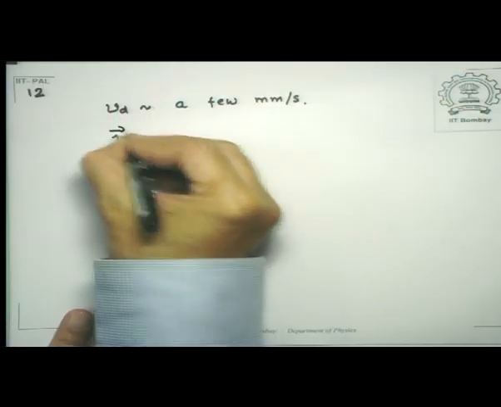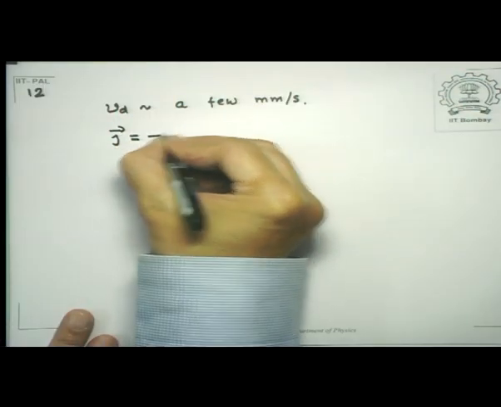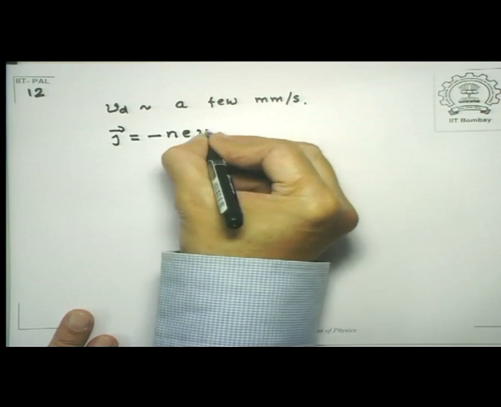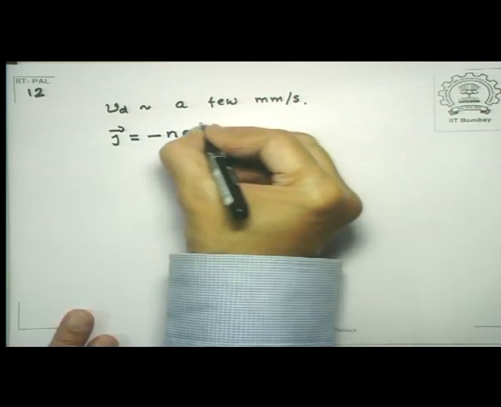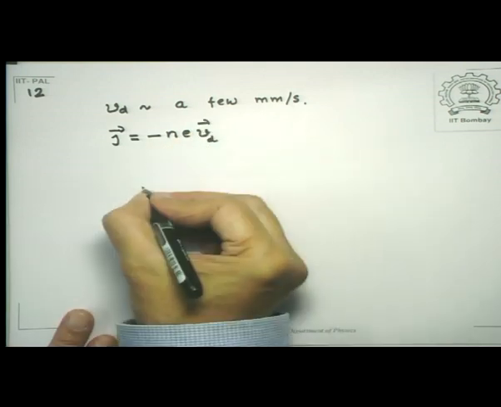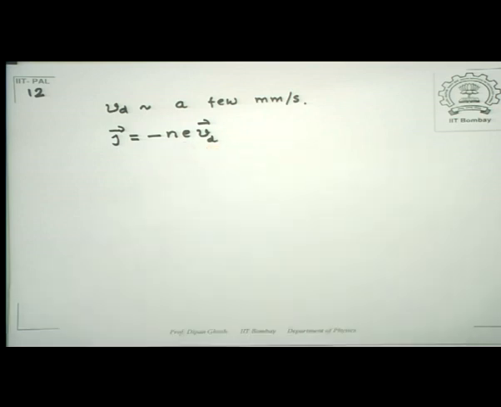The second point is that the relationship between current density and the drift speed is J = -nev. Now notice that we have said Vd is small, a few millimeters per second. Electronic charge is also small, 10 to the power minus 19.